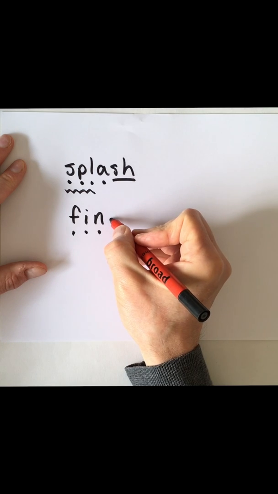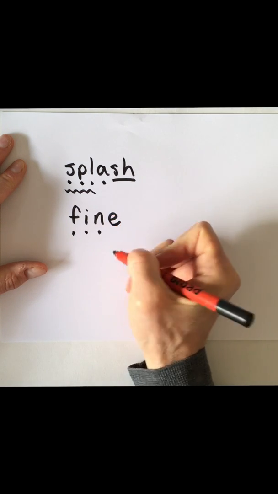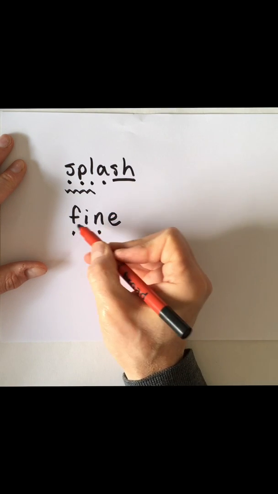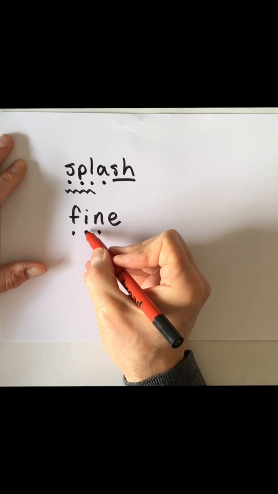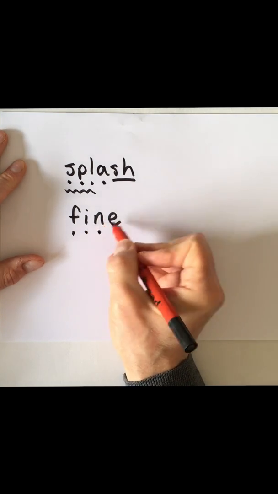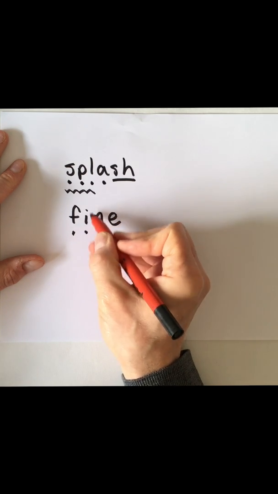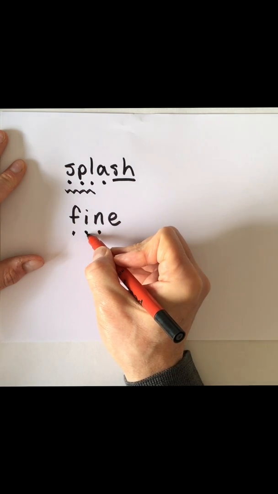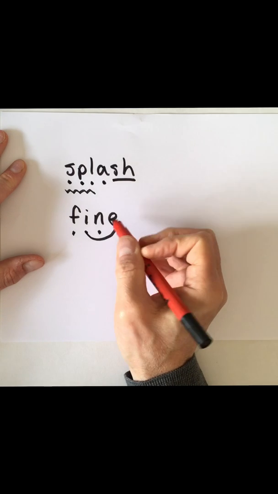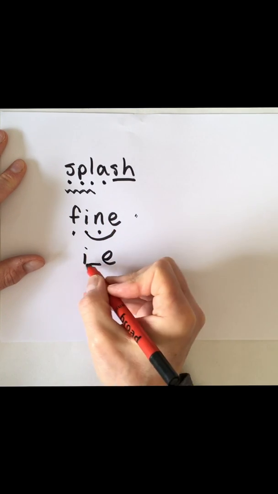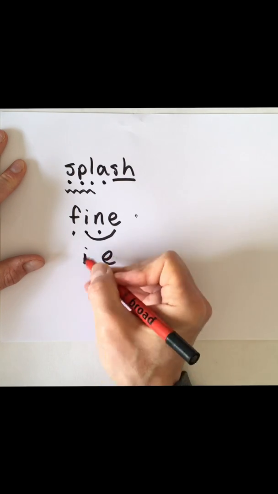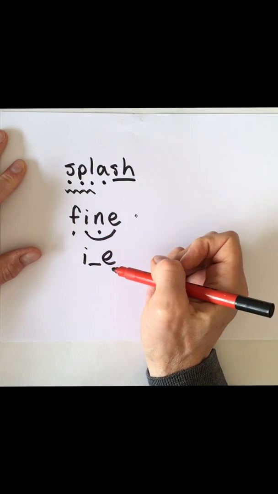However, as soon as I put an E on the end, that modifies this vowel over here and it becomes fine, so the i changes to an eye sound. And what we encourage children to do is recognise that there's an E at the end of the word which is going to affect the sound of that, and we ask them to connect the two with a smile. So we know that is now an eye sound, because that's the sound grapheme for eye, and we've now got fine rather than fin.